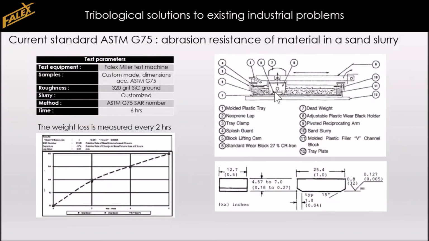And the slurry creates an abrasive wear mechanism. After a number of time intervals, we are measuring the weight losses, and from these weight losses, we can distill what is called a SAR number, the slurry abrasivity response number. And the bottom line is that the lower the SAR number is, the more wear resistant your material is.